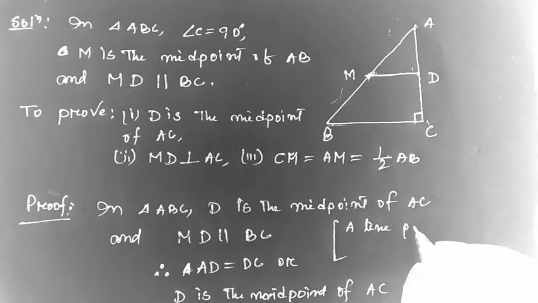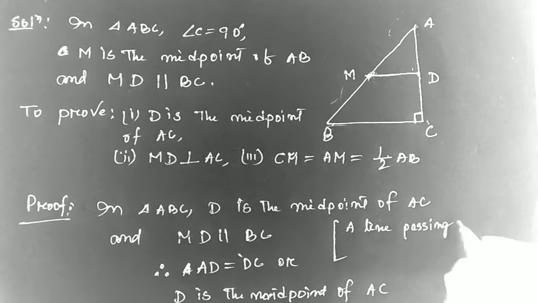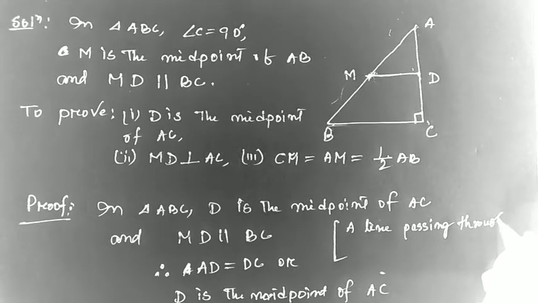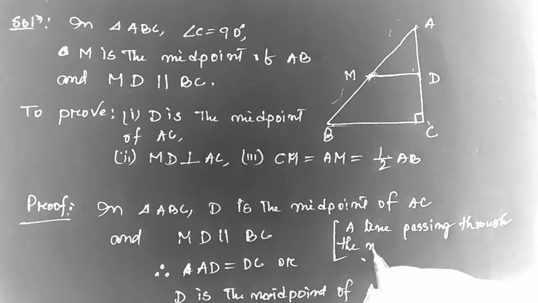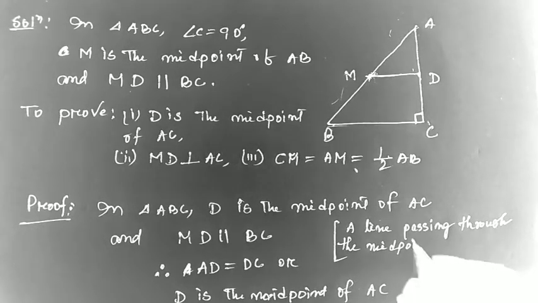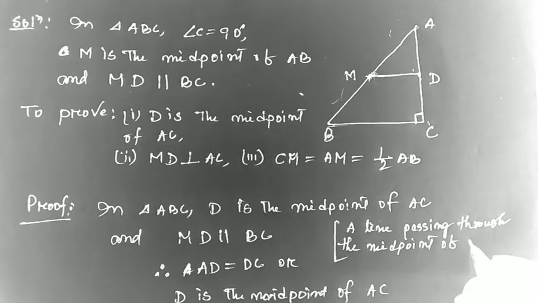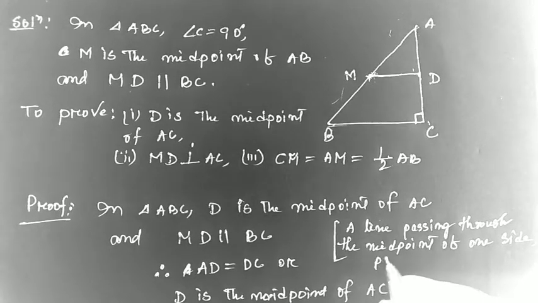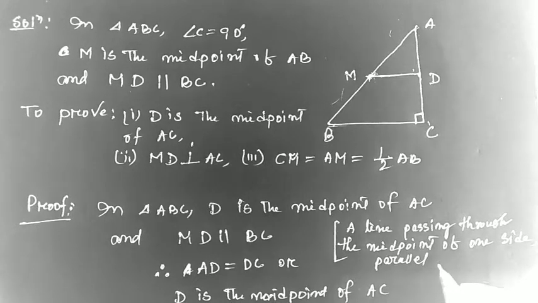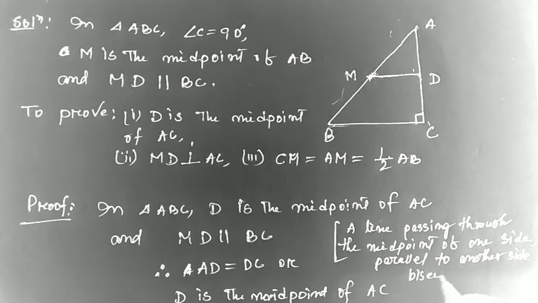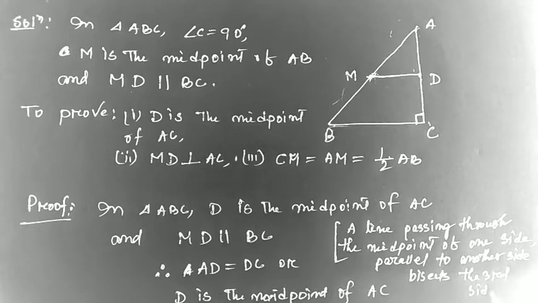You will write here: a line passing through the midpoint of one side, parallel to another side, bisects the third side.